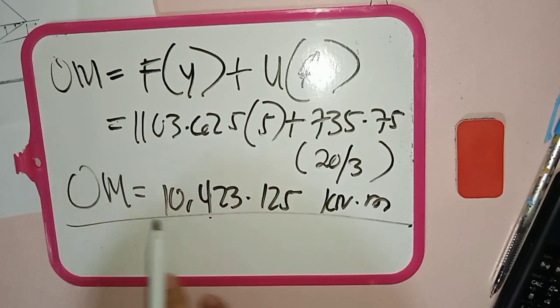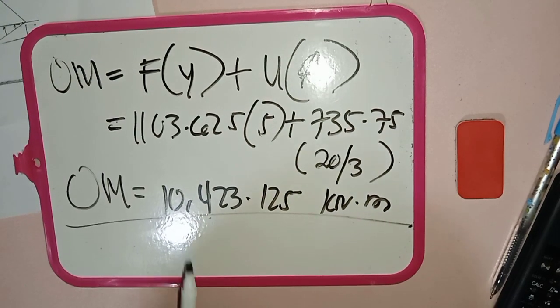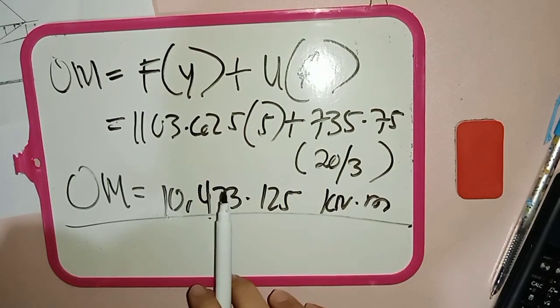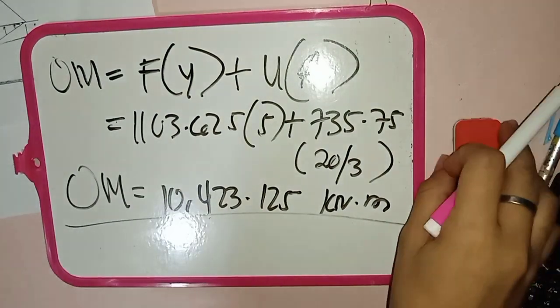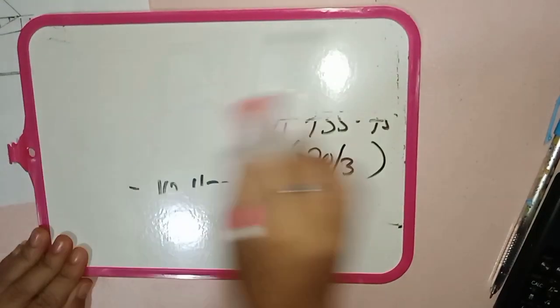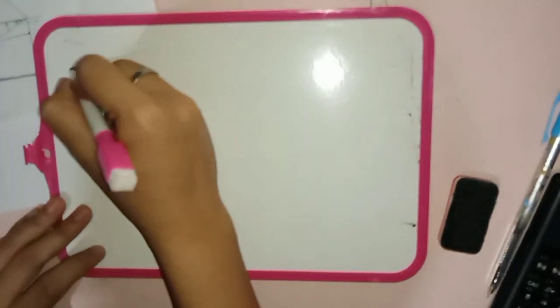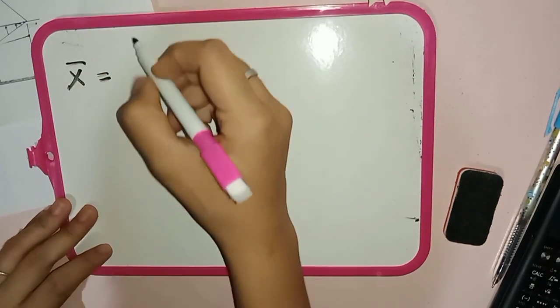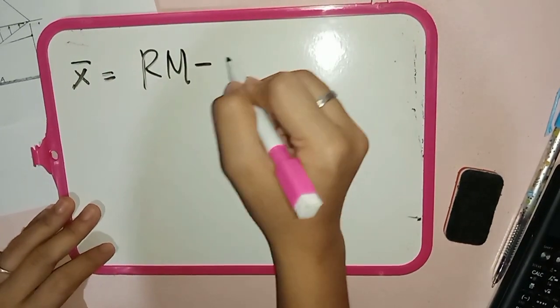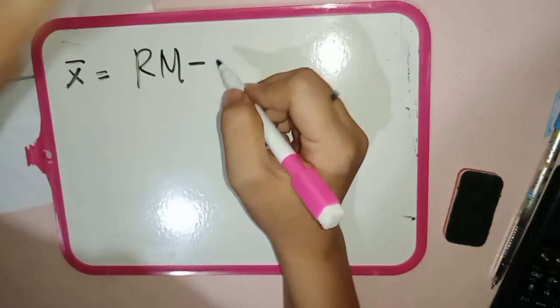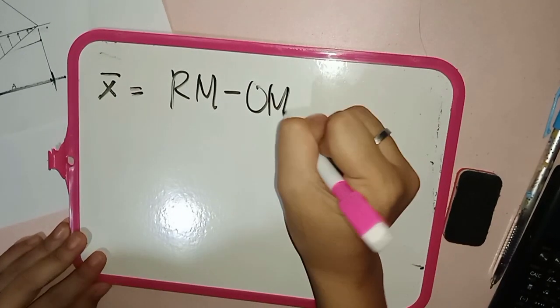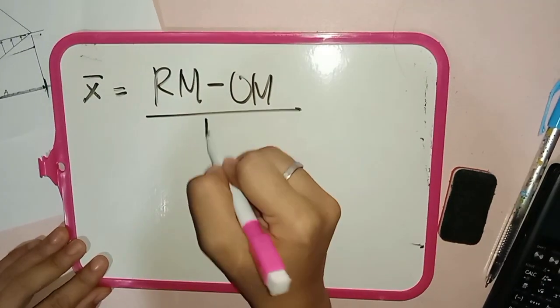Now we can solve for the location of Ry, the location of the vertical forces, since that is what is being asked. We solve for x-bar with the formula: resisting moment minus overturning moment over Ry.